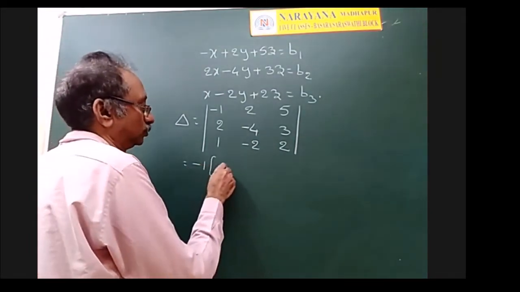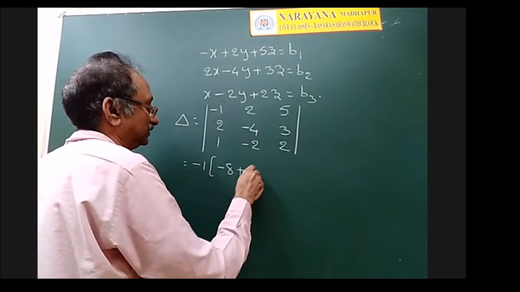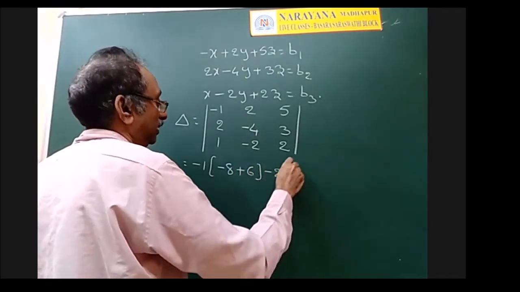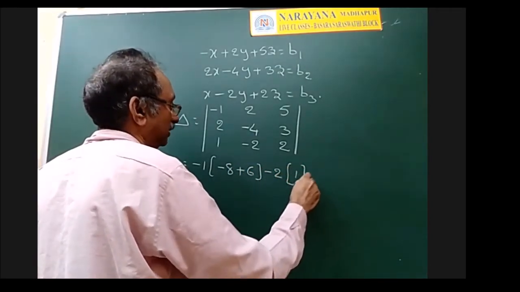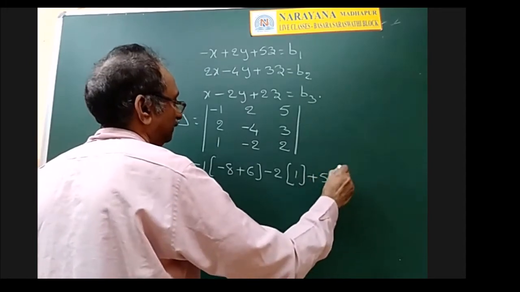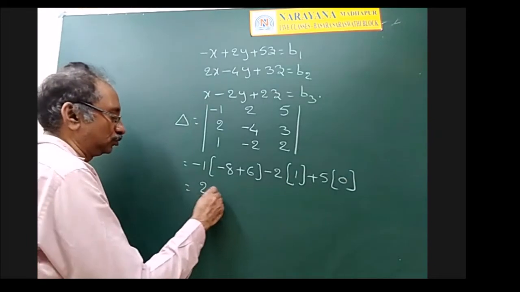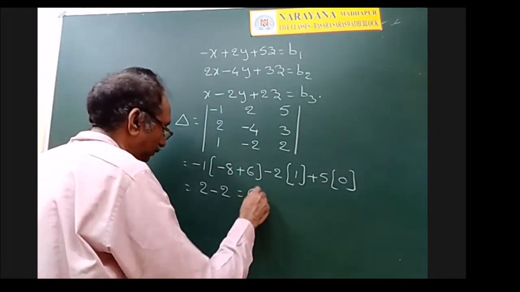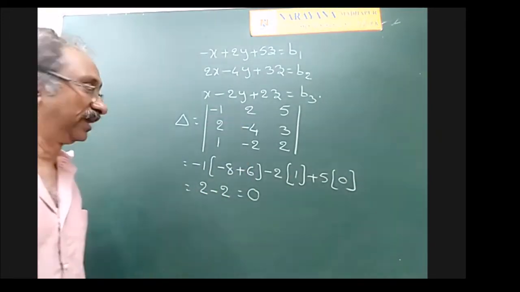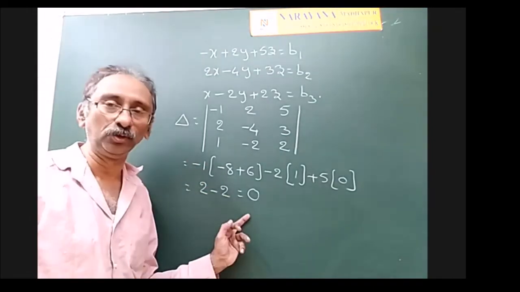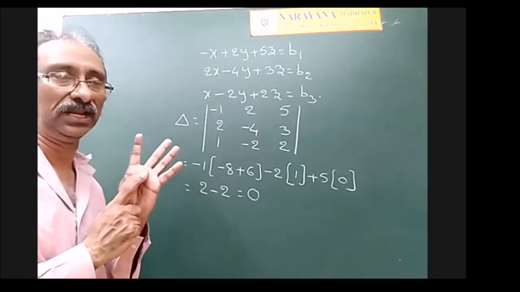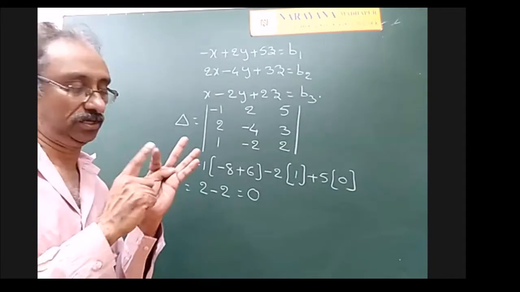Minus 1 into minus 8 plus 6, minus 2 into 4 minus 3, plus 5 into minus 4 plus 4. So this is plus 2 minus 2. This is 0.